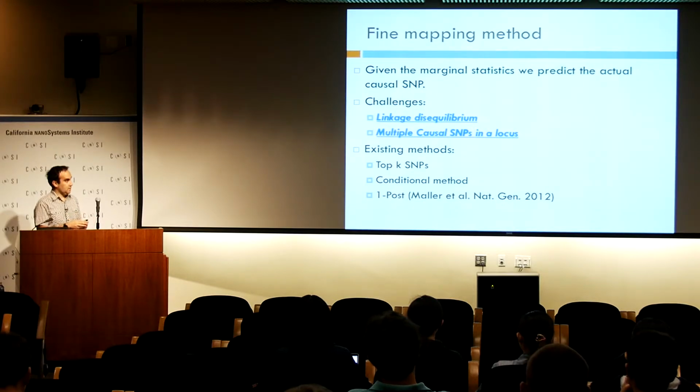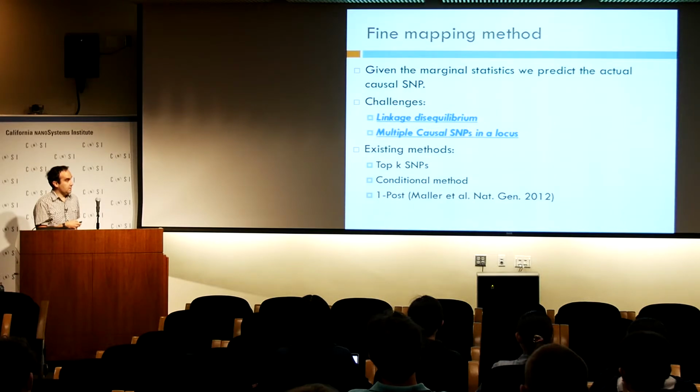The challenge is that there's correlation, and also there could be more than one variant in the locus. We'll talk about that in a second. The existing methods are either people look at it, or they just take the top K SNPs. They can also use the conditional method, and there's another method. We'll cover all of those.